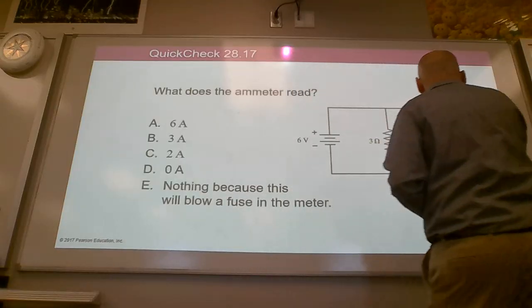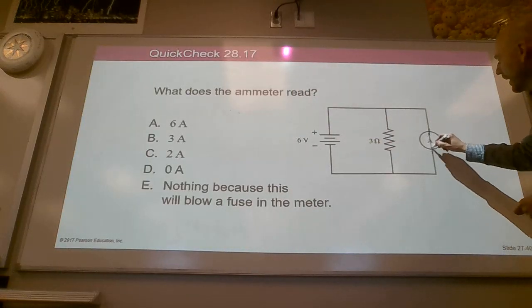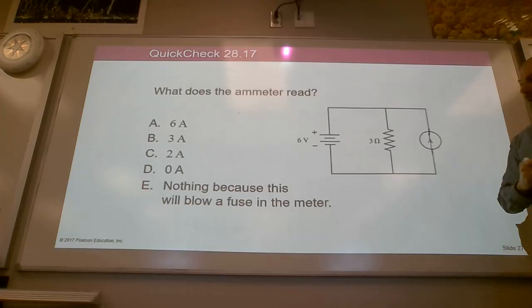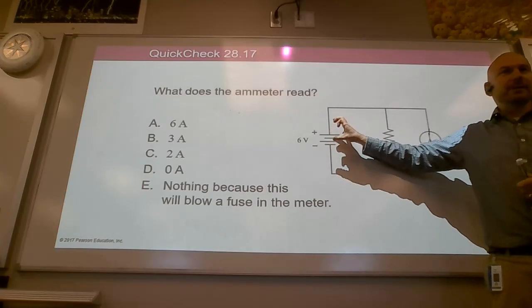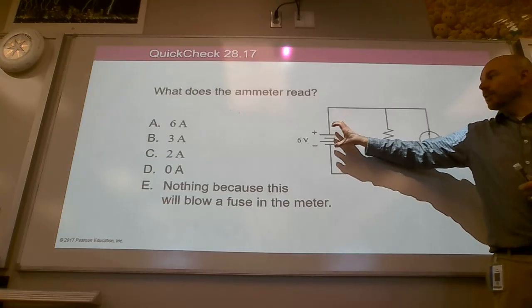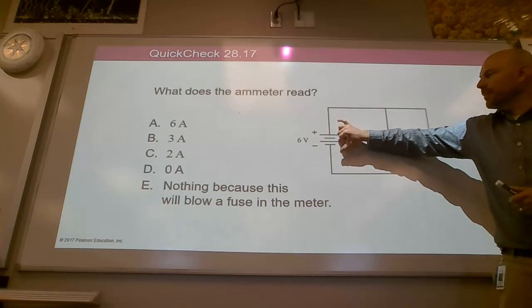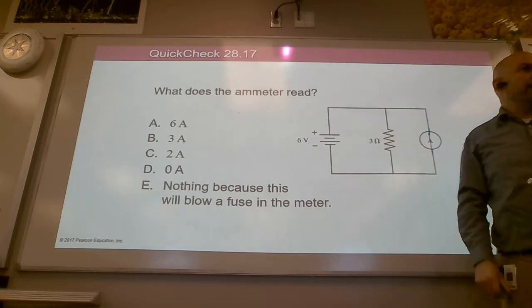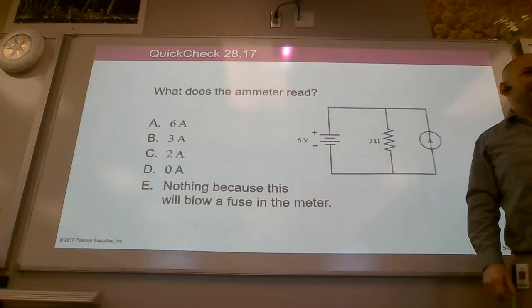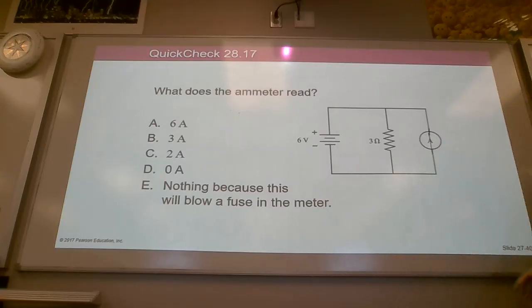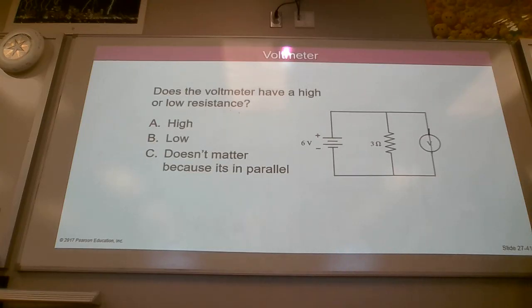Because a short circuit allows a ton of current, that bumps up the effect of the internal resistance, and so there's not enough voltage drop after the terminal to make that light up. Does that make sense? If this was an ideal battery, this would not be affected, but it absolutely is because of this. Good? Okay.